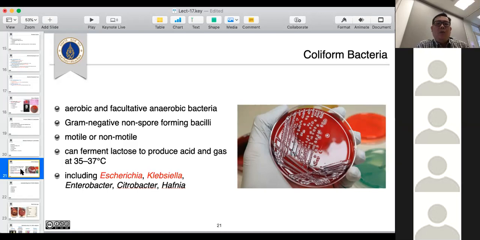We refer to E. coli, Klebsiella, Enterobacter, Citrobacter, and Hafnia, but the dominant ones are Escherichia and Klebsiella.